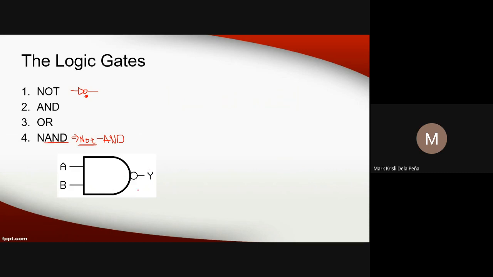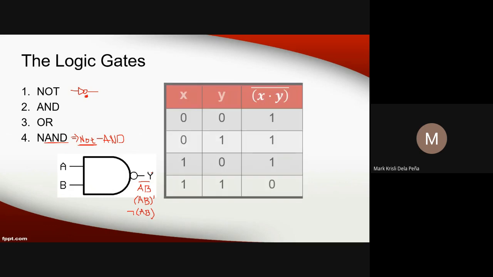So this is Y, which can be expressed as A and B. Since it is being negated, we can use the expression AB bar, or use a parenthesis and an apostrophe, or parenthesis still and use the negation. These three are just the same representation for NAND. And the truth table, as I have told you, is just the complement of the output of an AND gate.